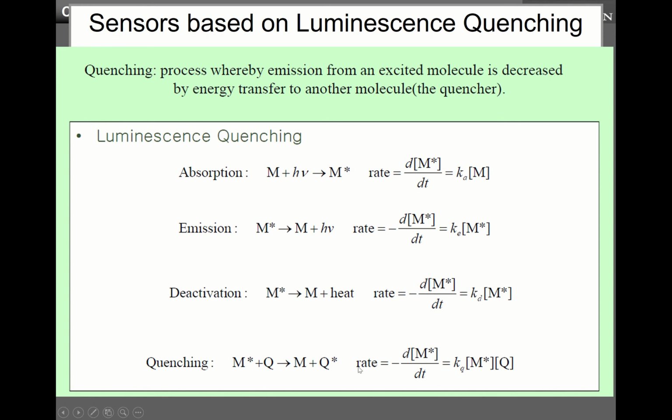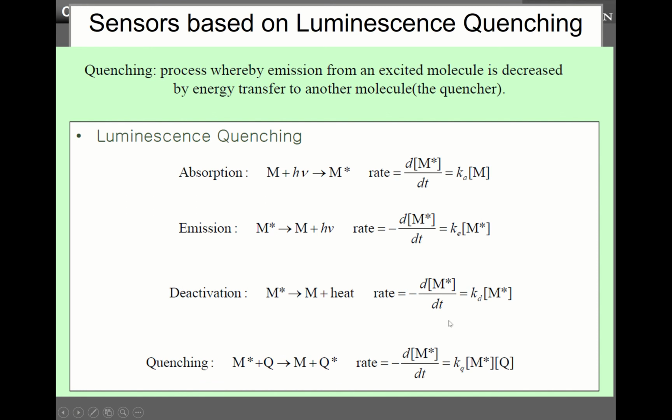This rate is proportional to the product of the concentrations of M star and Q. Using the concentrations we can write it this way. KQ is a proportional constant.